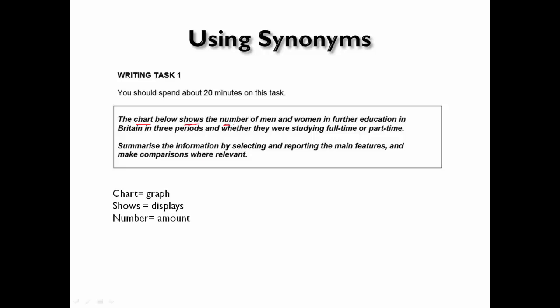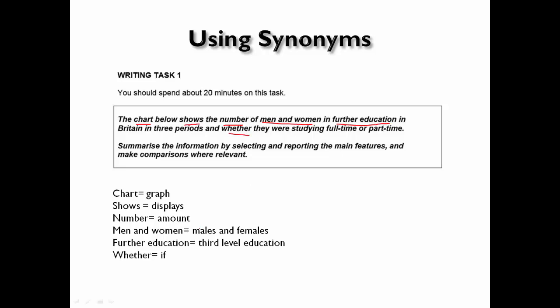Number, amount. Men and women, males and females. Further education, third level education. Whether, if.